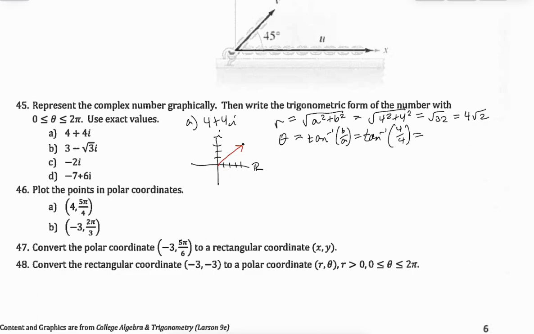Now, the tangent is equal to 1 at 45 degrees. Specifically, just note the quadrant you're in. We are in the first quadrant, so it is exactly 45 degrees. Now, they like using radians, but I don't care if you use radians or degrees for me. Here is the answer. Your trig form, you are just going to use r.